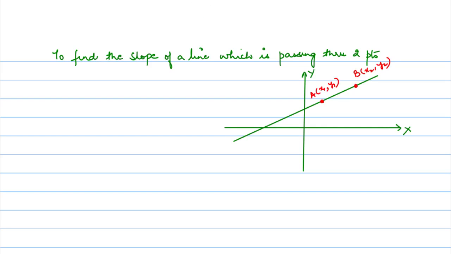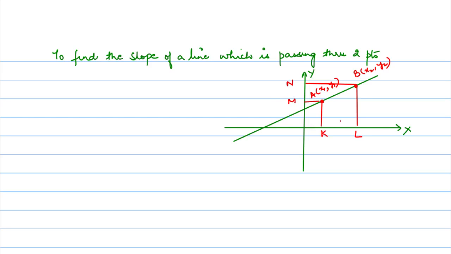What we do is we draw perpendiculars on the x-axis like this, and on the y-axis like this. And let's say these perpendiculars meet at, let's say, K, L, M, and let's say N.